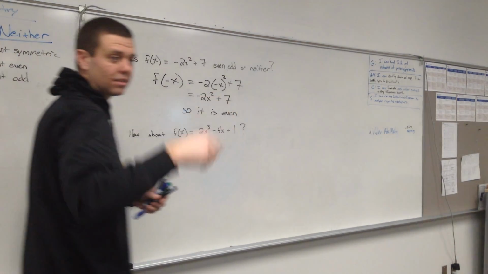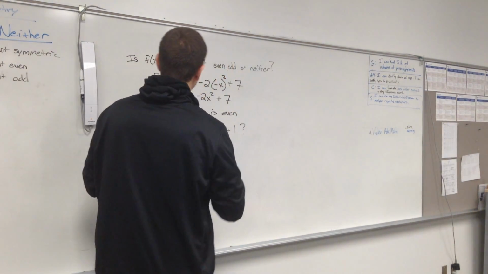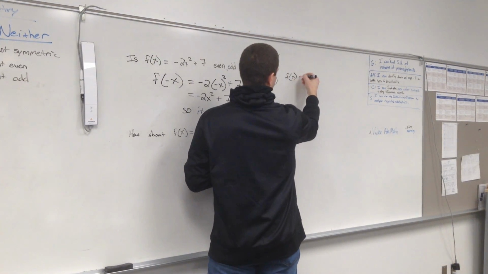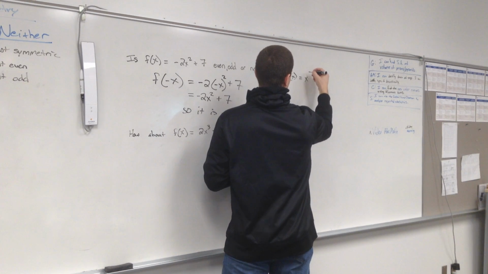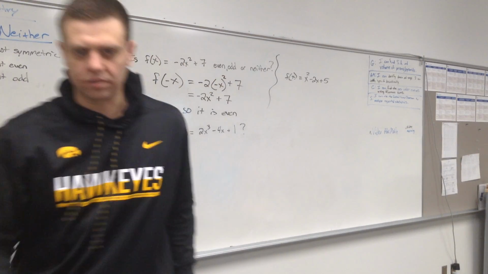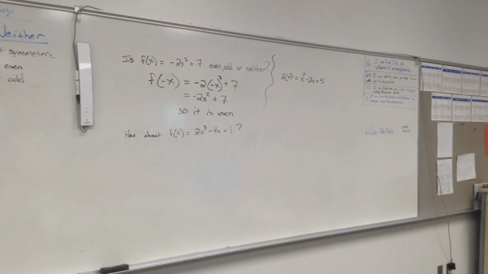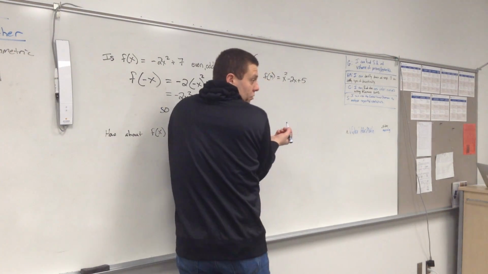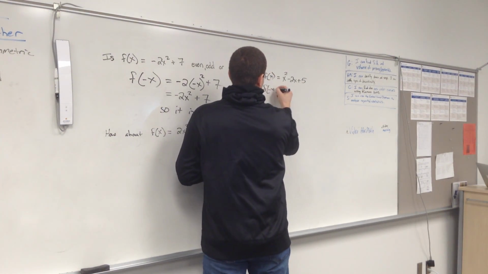Let me do a quick example to answer Kylo's question. New problem right now. F of x equals x squared minus 2x plus 5. You don't need to write this down, but you're welcome to. Guys, help me out a little bit. If I were going to test to see whether this one was even, odd, or neither, again I'm going to do this.